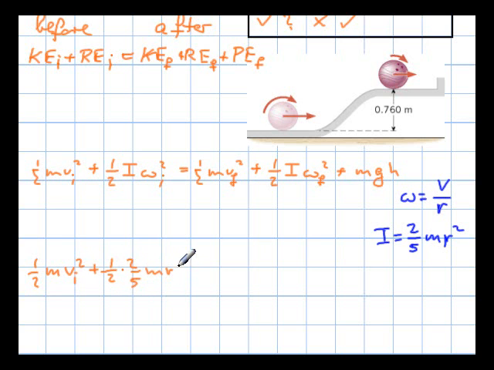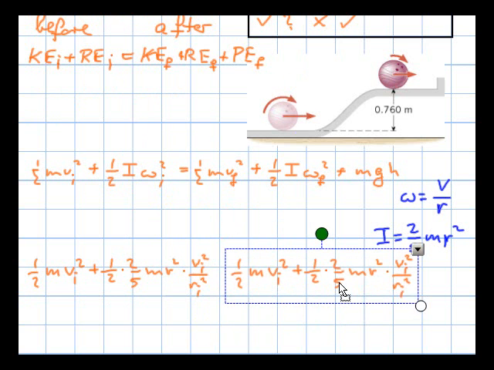And let's see, r squared, and then times, and this is the omega squared, so it's going to be v_i squared divided by r squared. And now I'm going to copy this entire expression and write it over here and virtually run out of space.